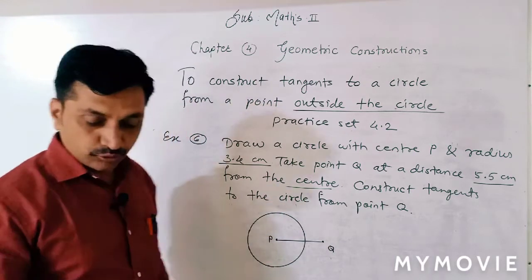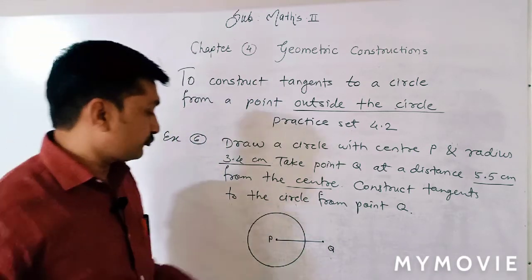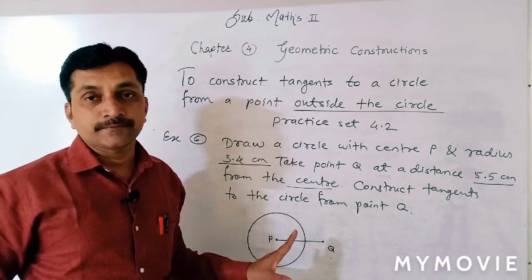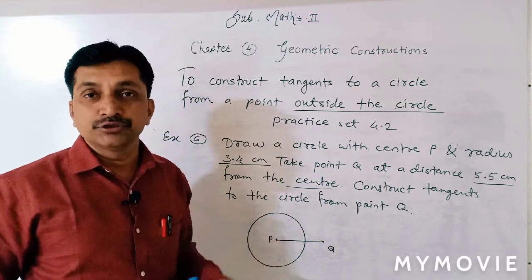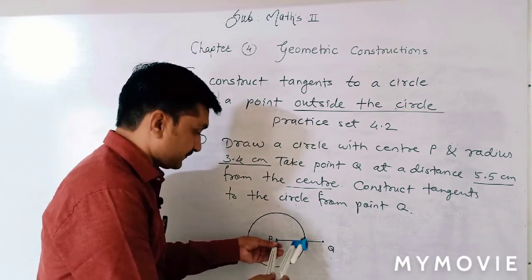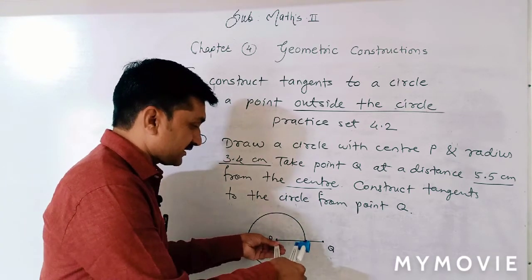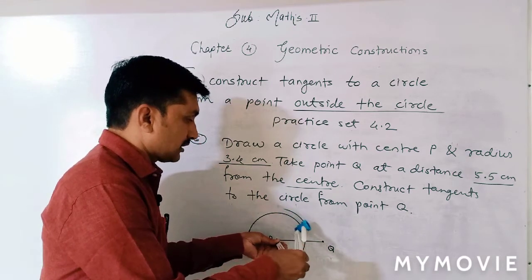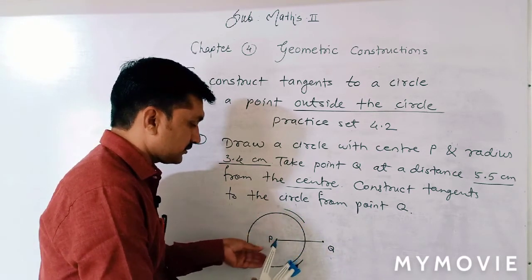From Q. Now what is the construction for that? First of all we have to draw the midpoint of PQ. Then how to draw the midpoint? You know, bisect it. Bisect segment PQ by taking more than half: one arc up, second arc down.